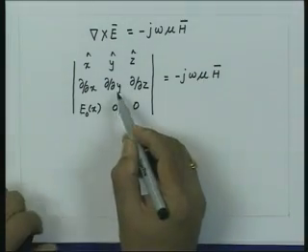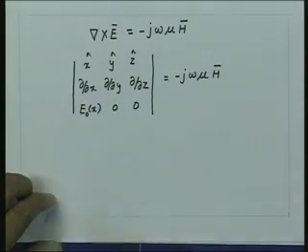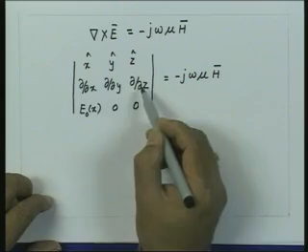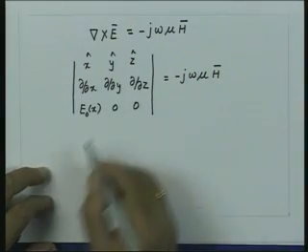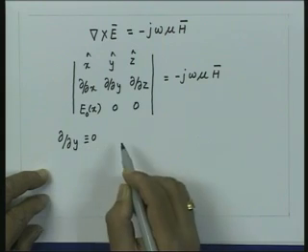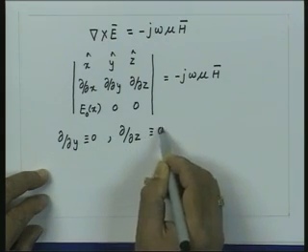Now since we have assumed that the field is not varying in y and z, it is only a function of x, the derivatives with respect to y and z are identically 0. So d by dy is identically 0, d by dz is identically 0.